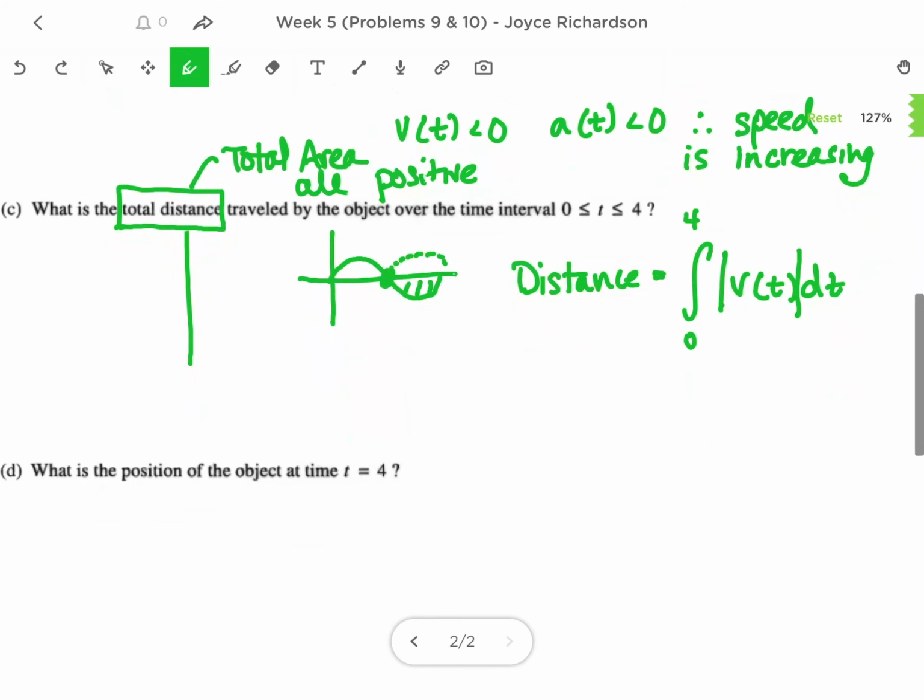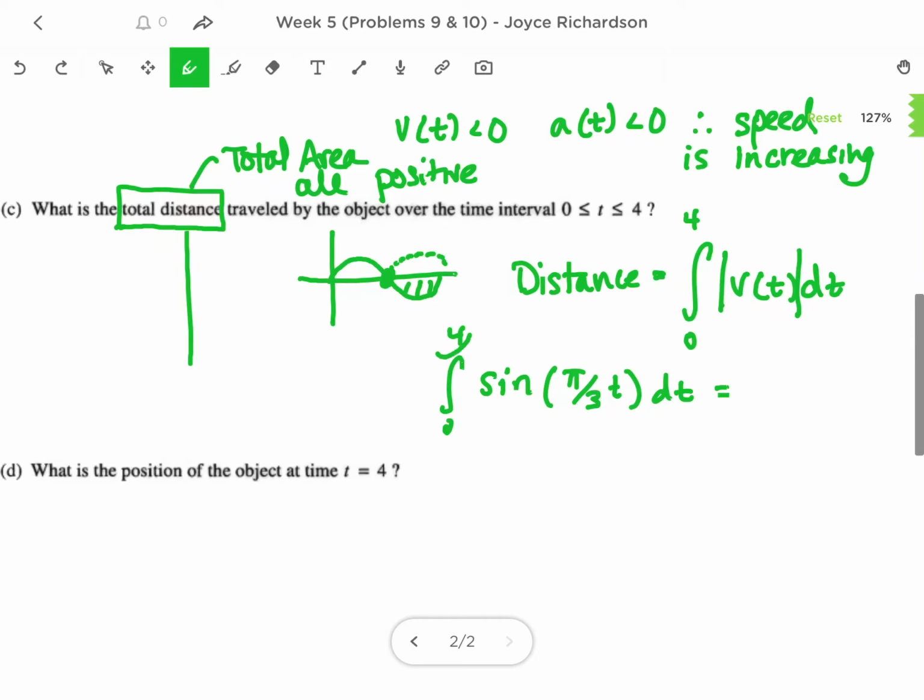Now, those of you who did the integral by hand, why? It's a calculator. Even if you just did 0 to 4 of sine of pi over 3t dt, why are we going to do that by hand? Don't do it. I know that you're just learning how to do integrals, and that's great.